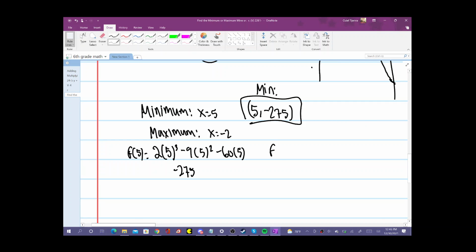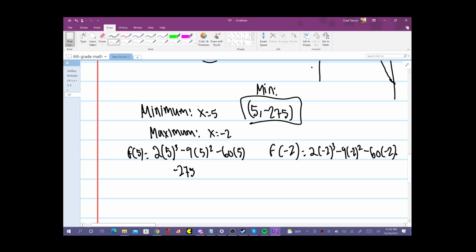if you do f of -2, so it's going to be 2 times -2 cubed minus 9 times -2 squared minus 60 times -2, right?